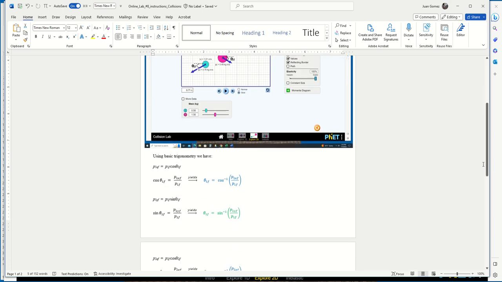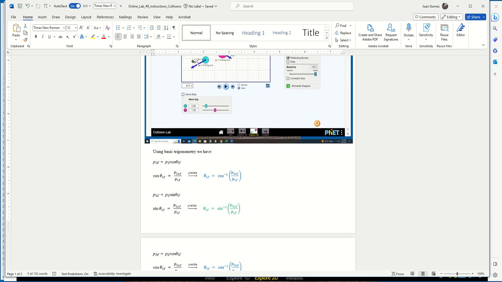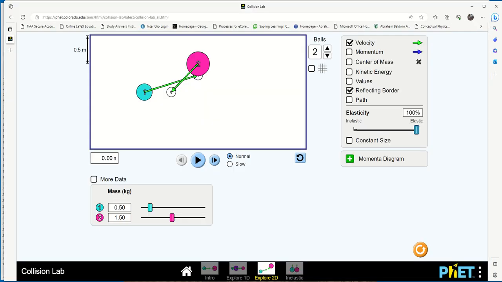Let me go ahead and bring up the simulation again. Up here in this box, we want to look at the momentum. The velocity, you can leave that on or off. It doesn't really matter. It's an elastic collision, so we don't care about the kinetic energy.